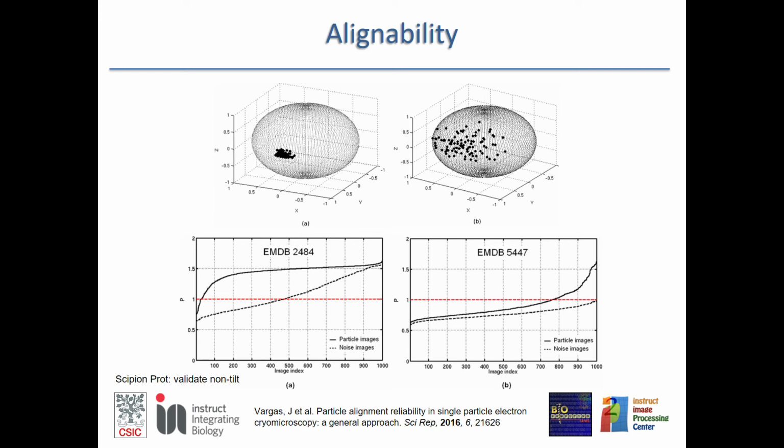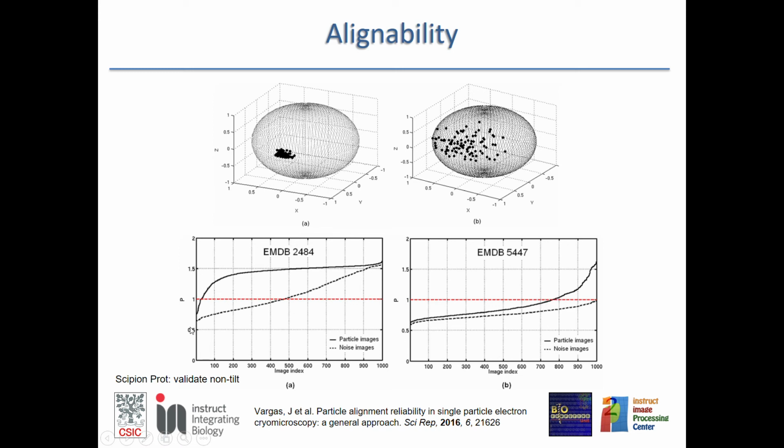And we can put a number onto that certainty, and this is what we published in 2016. If that number is above 1, then you can be pretty sure about the alignability of that particle. And if that number is below 1, then you're not so sure.